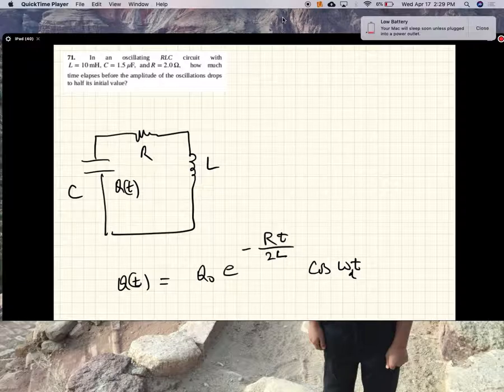And the frequency changes slightly, but we're not concerned with that.